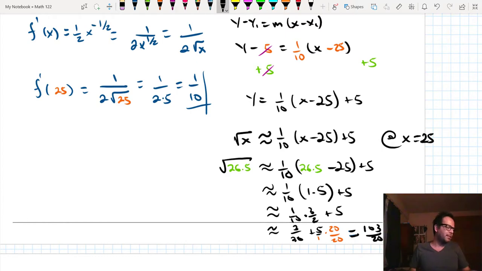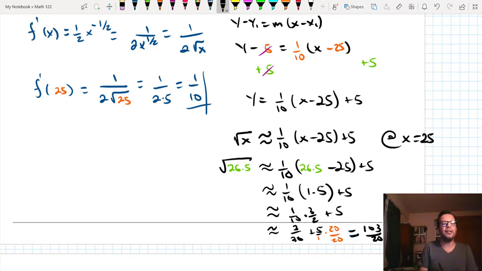I didn't evaluate it using my calculator. I thought I did. Let me do that real quick. Okay, so 103 divided by 20, we get 5.15. Again, this is an approximation.